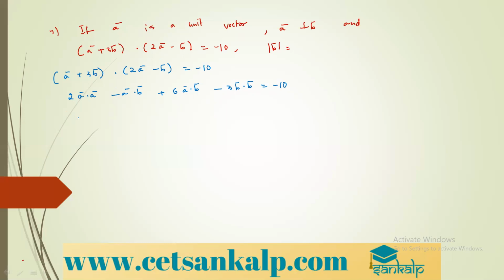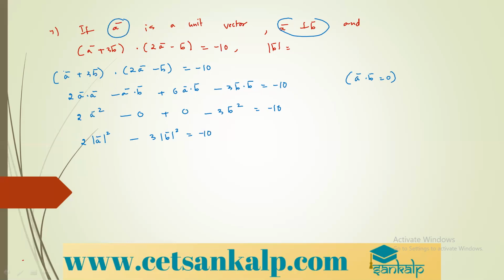Now, always remember that as A is perpendicular to B, A dot B will be 0. So 2 into A square minus 0 plus 0 minus 3 into B square equal to minus 10. 2 into magnitude of vector A square minus 3 into magnitude of vector B square equal to minus 10.